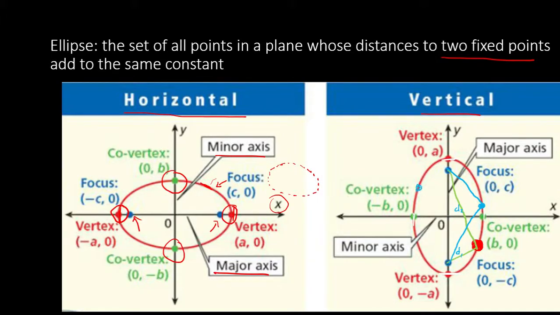And if I put my point over here, this D1 and this D2. So no matter where I put my point and make my measurements from D1 to D2, when I add those two distances together, I get the same constant, called the constant sum.